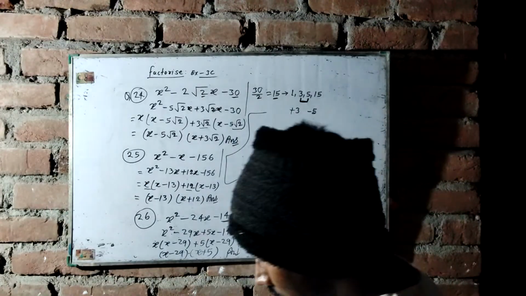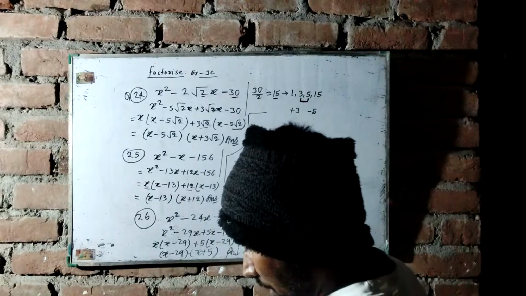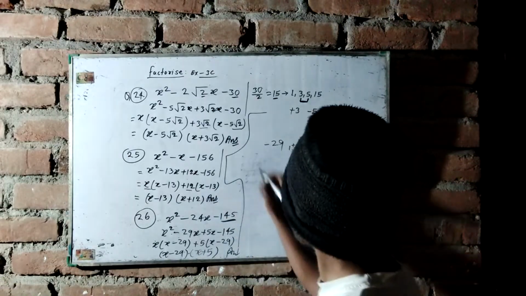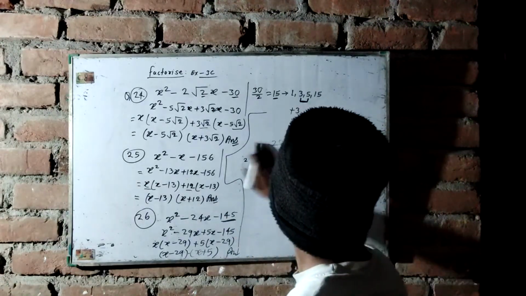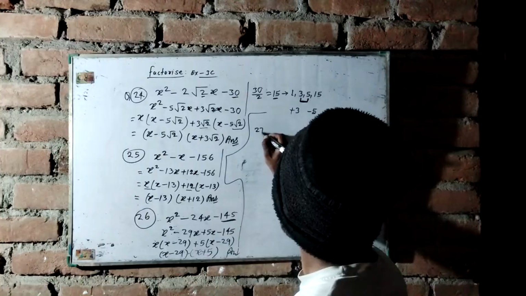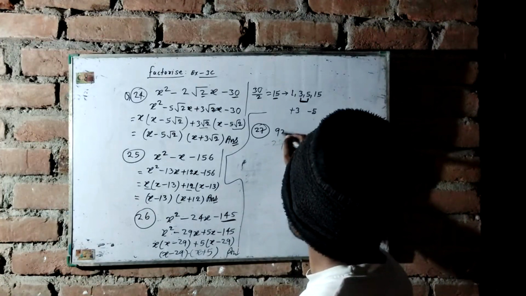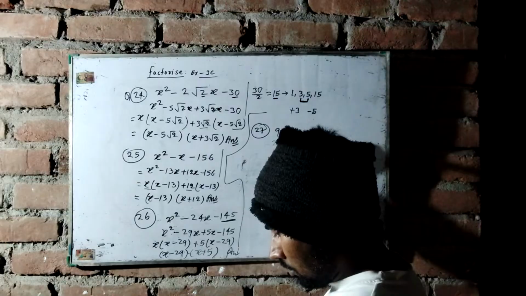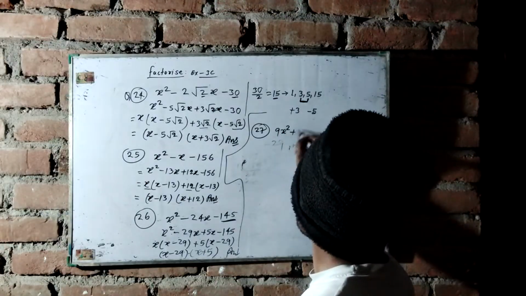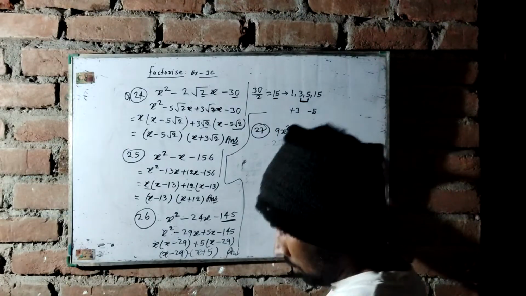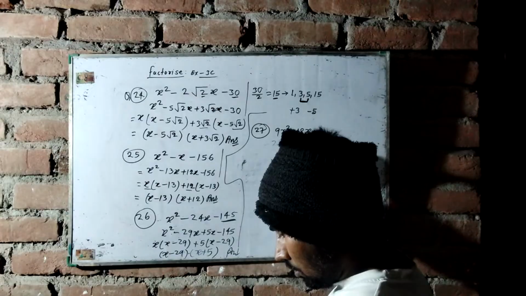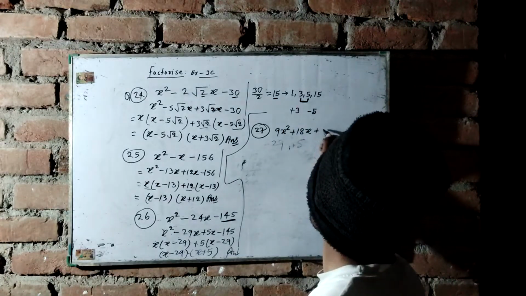Question number 27: 9x squared plus 18x plus 8.